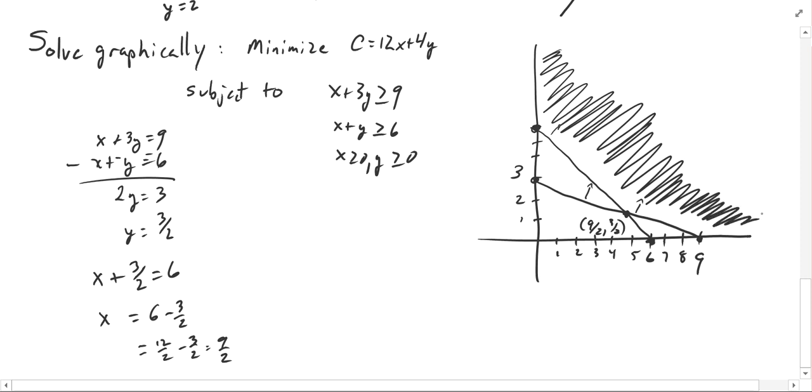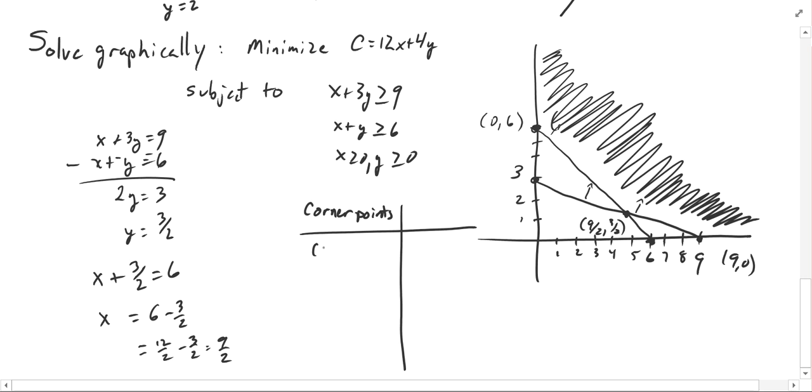All right. The corner points that I'm looking at are this one over here, 0, 6, the point 9 halves, 3 halves, and 9, 0. Our fundamental theorem of linear programming says that extreme values occur at the corner points.